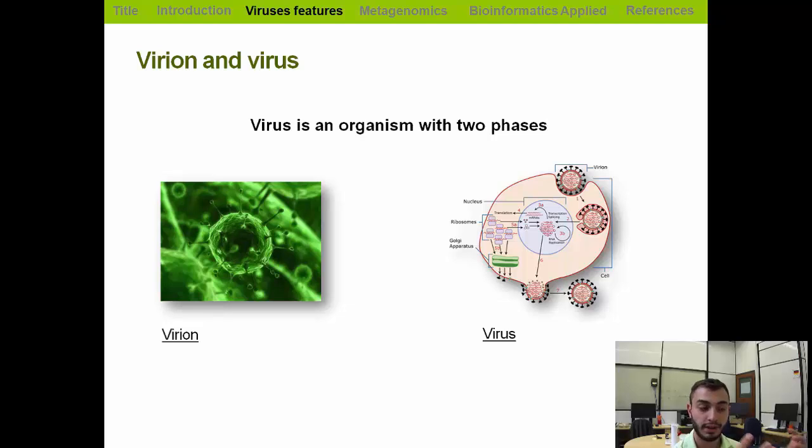And when a virus infects a cell, gets into the cell and starts to do some metabolism, some transcription, translation, and to replicate its genome, it is called a virus. So there is this different concept. I'm going to try to use this correctly. The virion and the virus concepts are two different things.